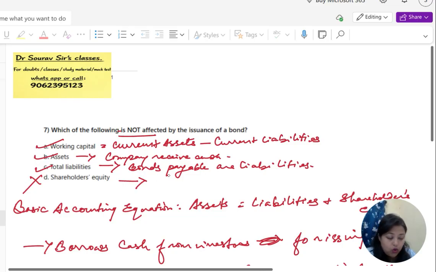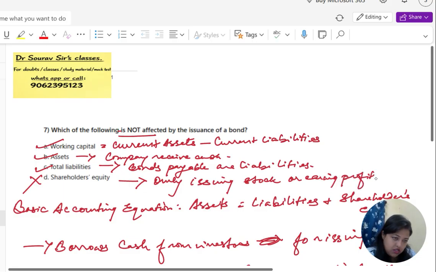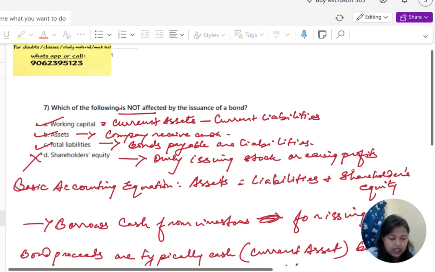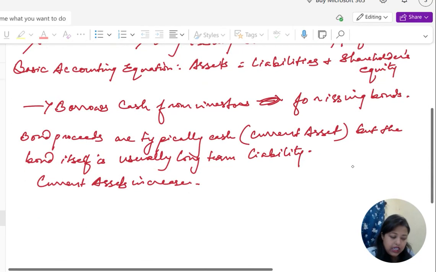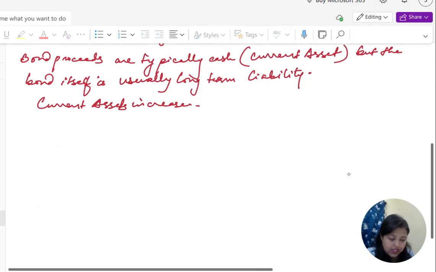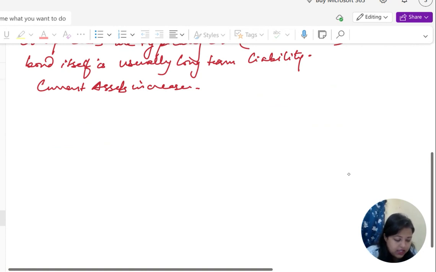So after evaluating the options, working capital is affected, assets increase, total liabilities are affected, and only shareholders equity doesn't get affected.